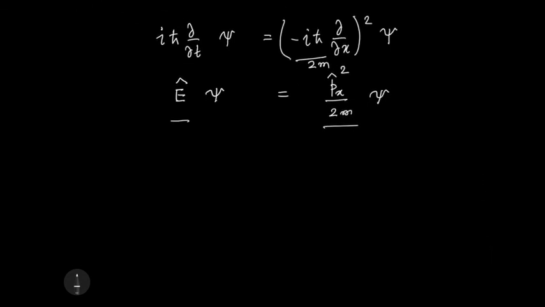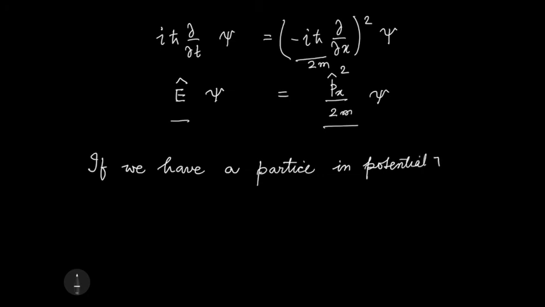So it was suggested by Schrodinger that if we have a particle in potential V as a function of x and t, how is the energy momentum related then?